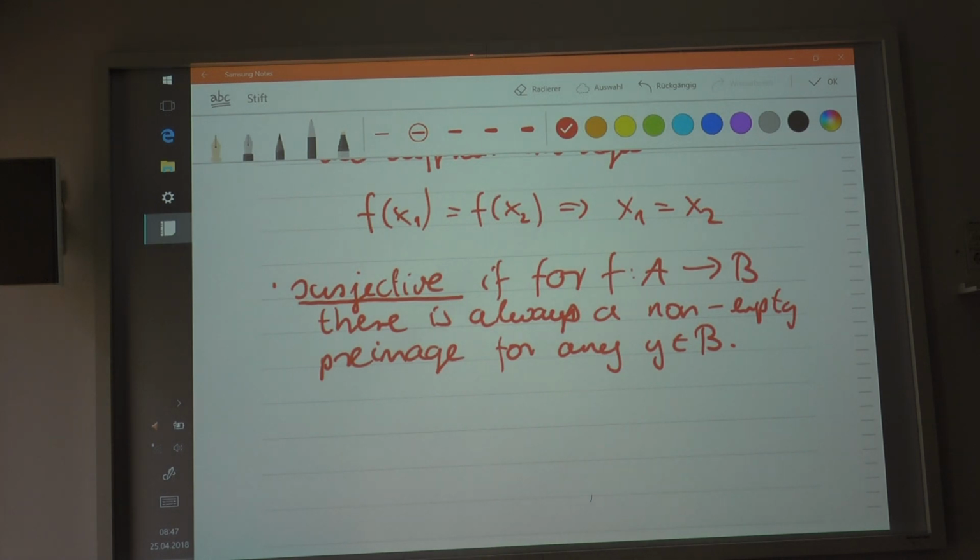Okay? So that means that there is at least one pre-image element. So this is the exact definition. For all elements from B, there is at least one element from A, which is supposed to be the element of the pre-image as well.